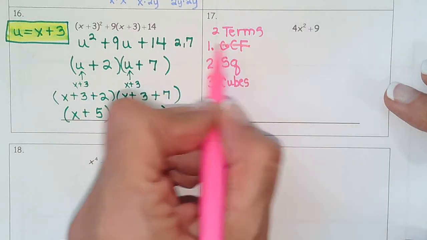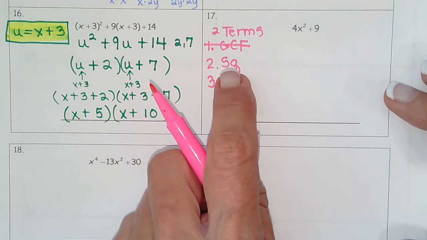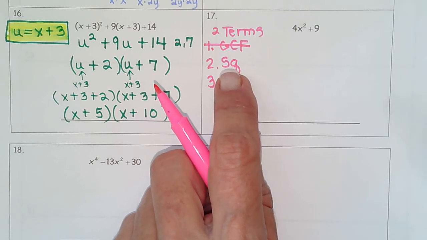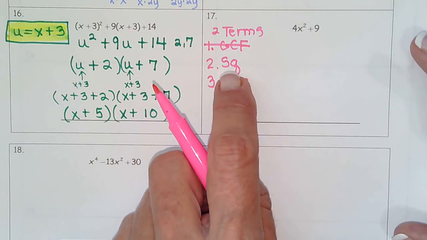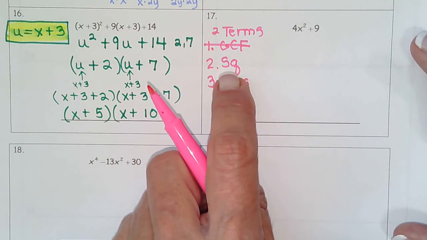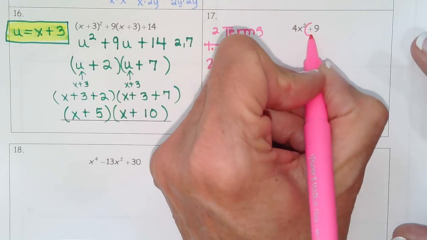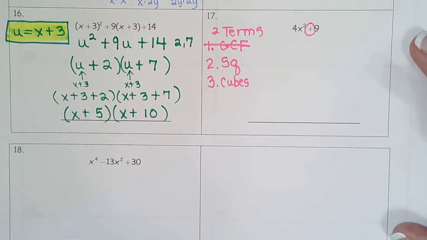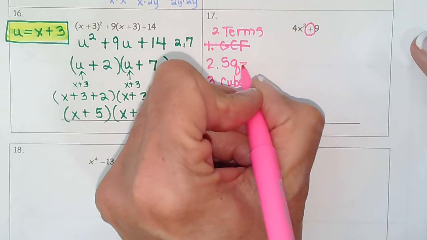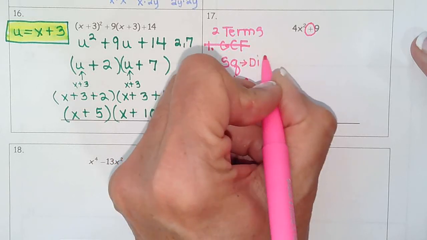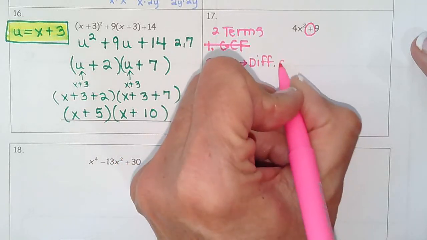No. So that's off the list. Squares? So students go, yes, it's squares. But remember, it's called a difference of squares. This is not a difference of squares. We don't know how to factor a sum of squares. So this is called a difference of squares. That is not a difference.